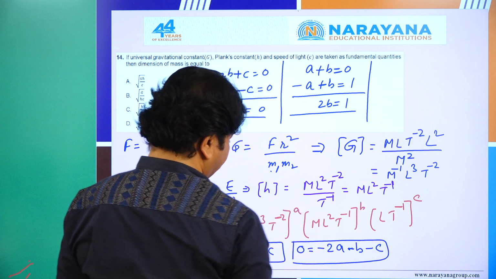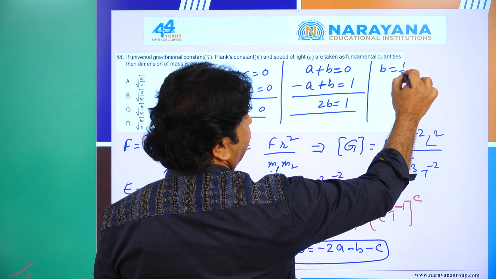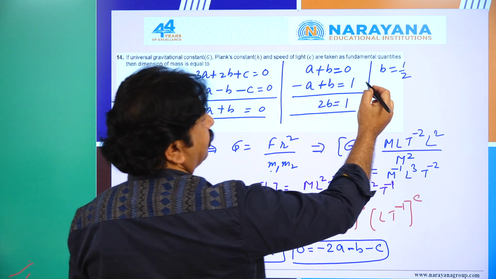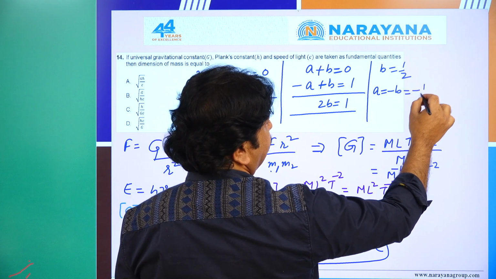Therefore we can write one by one the final values. B is equal to 1 by 2. As b is equal to 1 by 2, a is equal to minus b, so that is equal to minus 1 by 2.